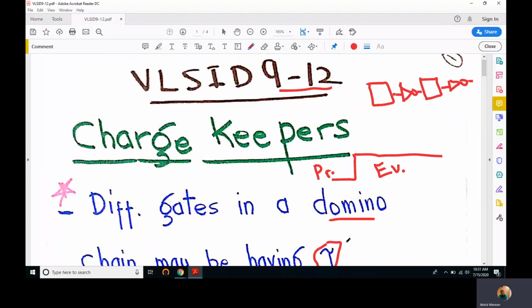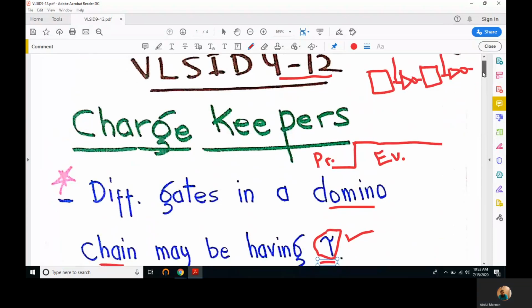The advantage is that we are giving enough time for the slowest gate to discharge. The disadvantage is that the dynamic gates here and here lose their output voltage due to charge sharing and charge leakage.